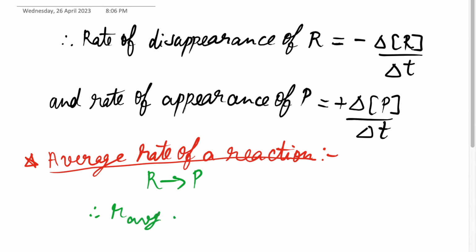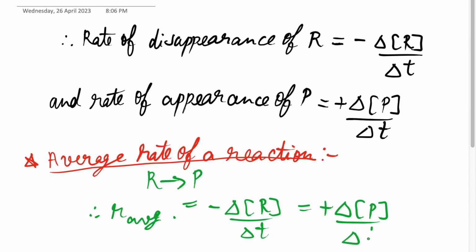Therefore, average rate of reaction, R average, is given by minus delta R by delta T, and R average is also given by plus delta P by delta T, change in concentration of products per unit time, upon change in time.